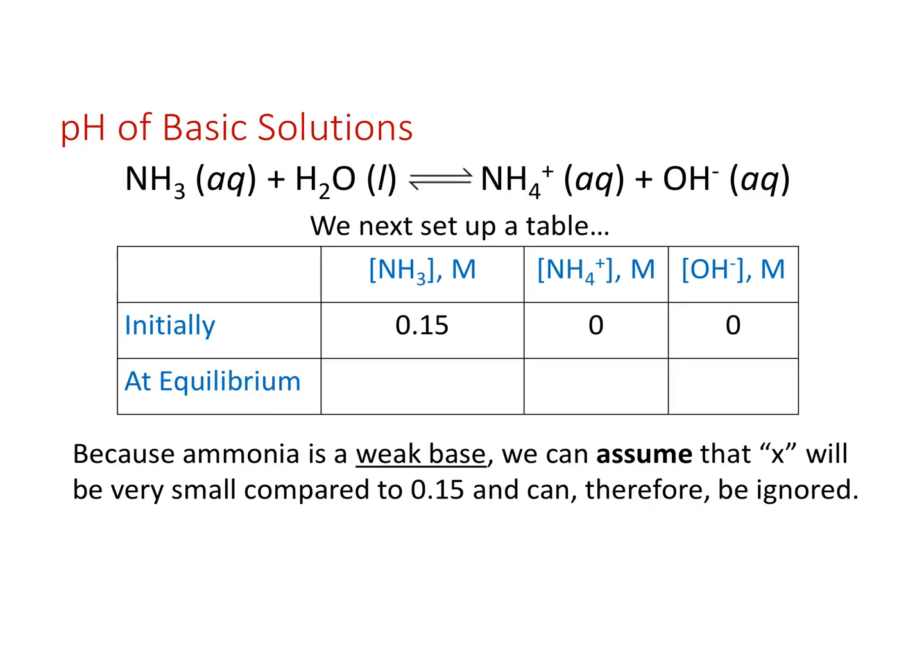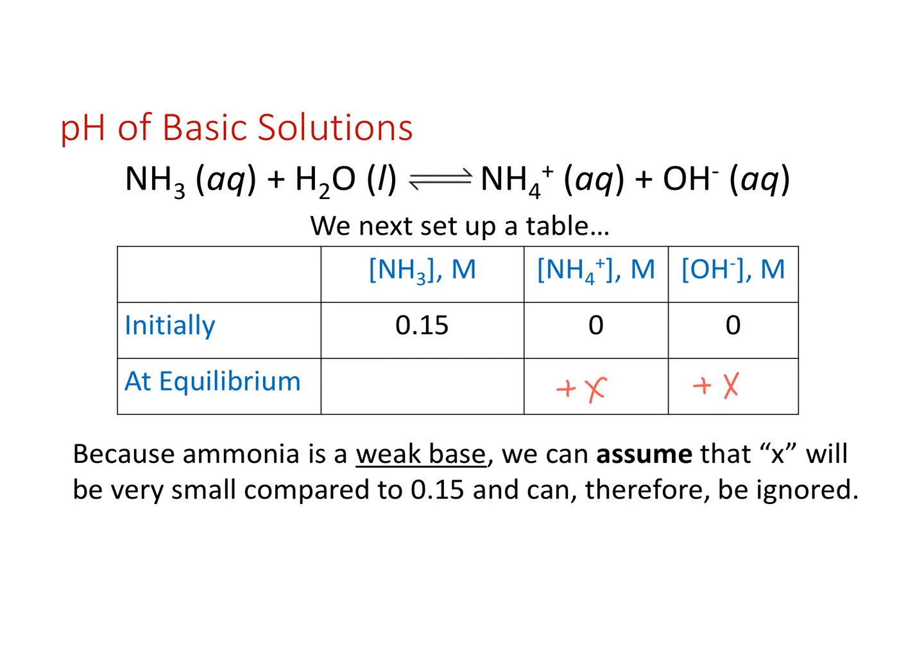So much like the last time, the ammonium concentration and the hydroxide concentration, based on the balanced chemical equation, are formed in the same amounts. So I should have equal concentrations of ammonium and hydroxide. Both of those should be X, and they should be equal to each other just based on the balanced chemical equation.